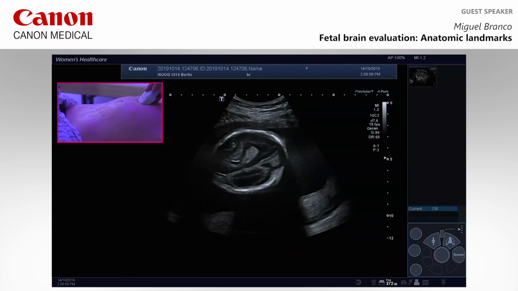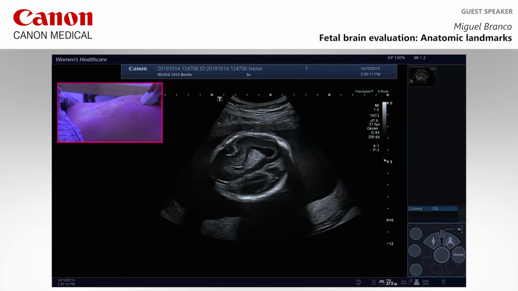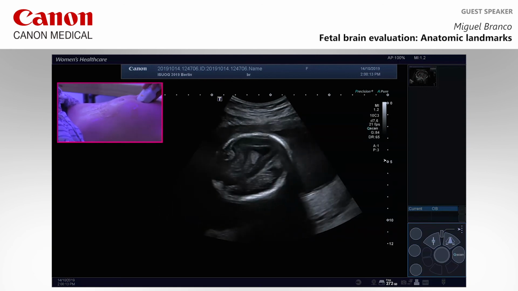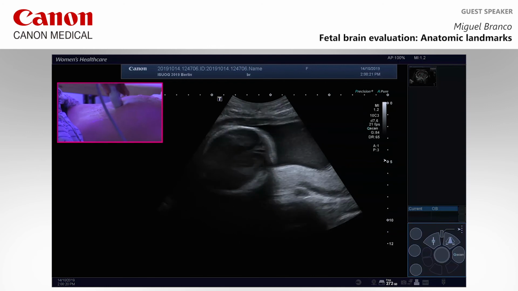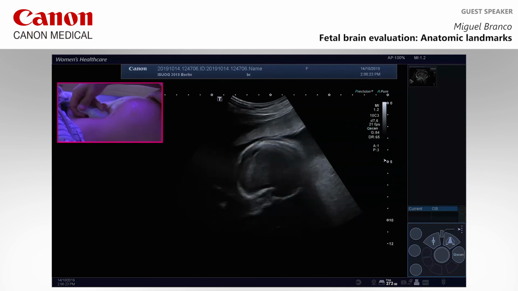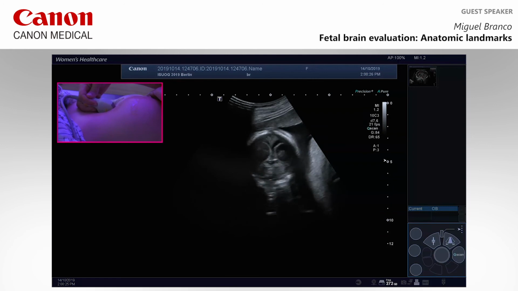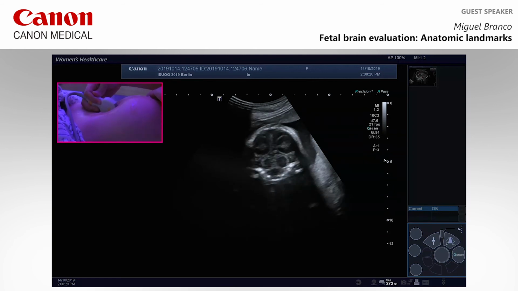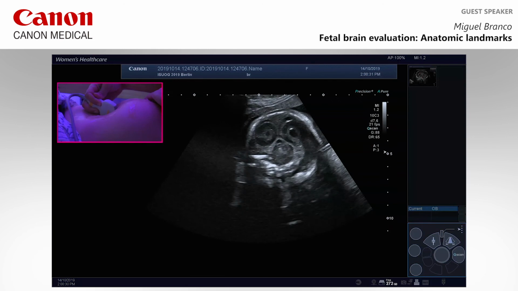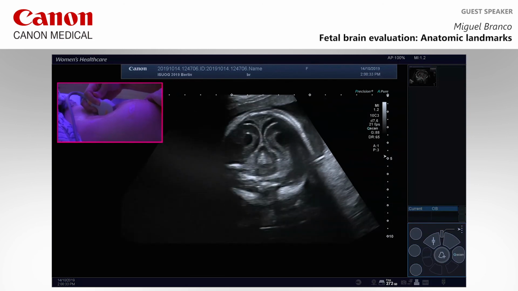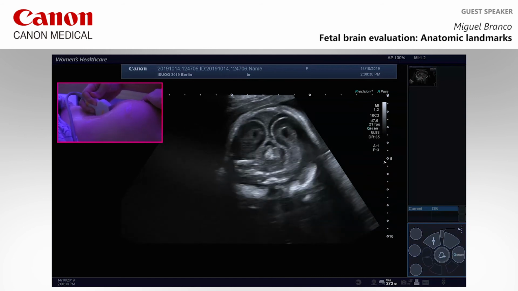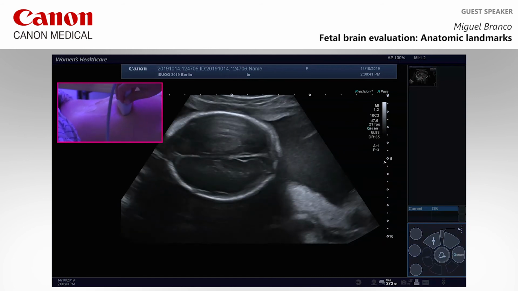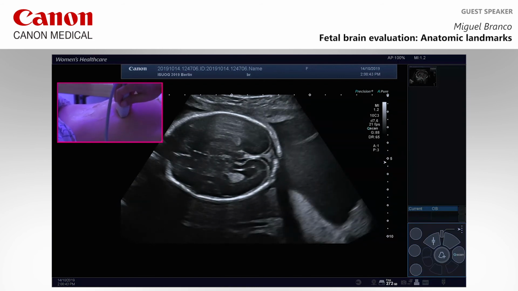If we tilt the probe to the shoulder of the baby like this, we'll be able to study the walls of the ventricle, but not to measure it. The best way is to look if they are symmetrical, like this. These are both posterior horns, and we can see that they are symmetric, so we can take the measurement of the distal one and assume that they should be symmetric.